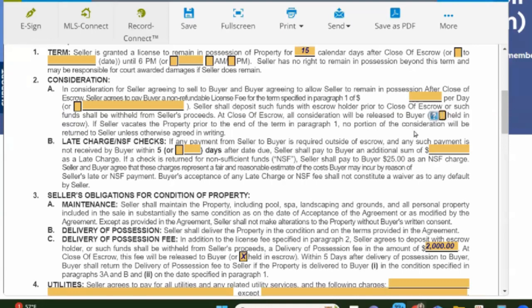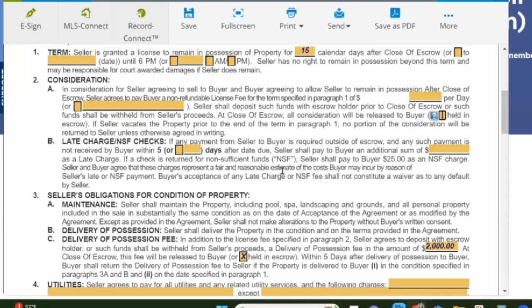On this one, I would have it be released to the buyer, because it also says that if the seller vacates early, no portion of the consideration will be returned to seller unless otherwise agreed in writing. So if we're going to do $100 a day for 15 days, that's $1,500. If they move out after 7 days, that would only be $700. Are we giving them that extra $800 back? This says no, unless we have agreed in writing that we would. But at close of escrow, I'm going to go ahead and release that to the buyer because it is the buyer's funds.